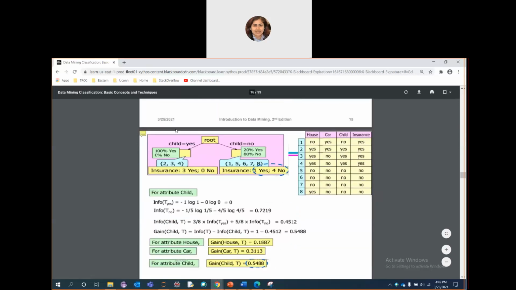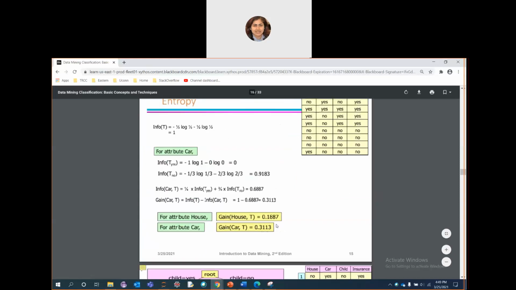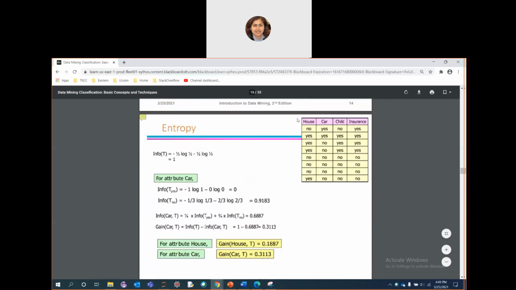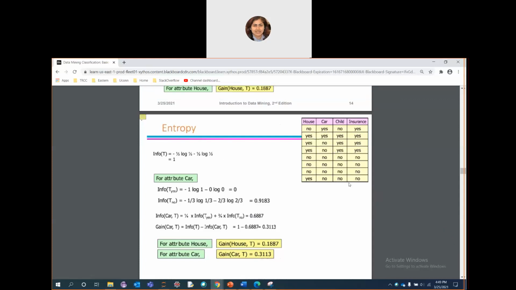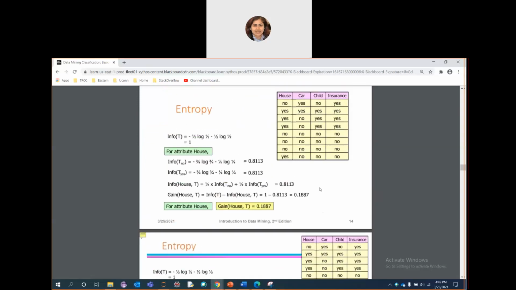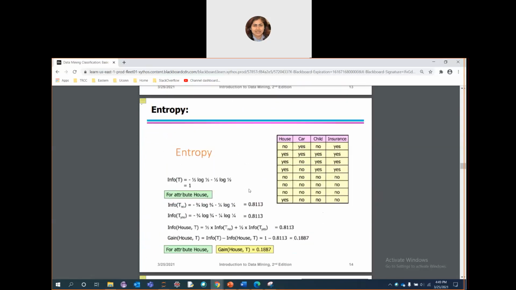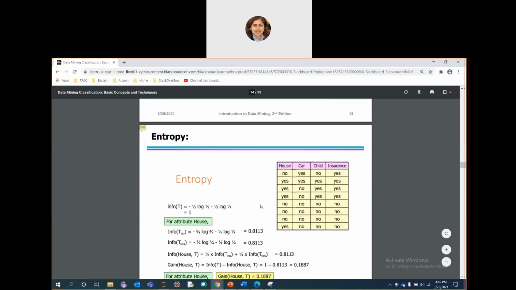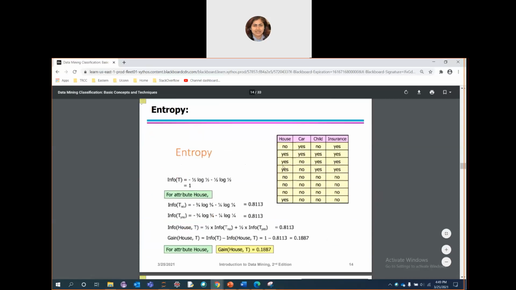Don't take a look at the child here, this decision tree. Just see in the same way how we calculated house, how can we calculate for car and child with respect to the insurance. That is your take home task. So try to solve that. I will again give you a review in the next class, starting with this one, your problem here.